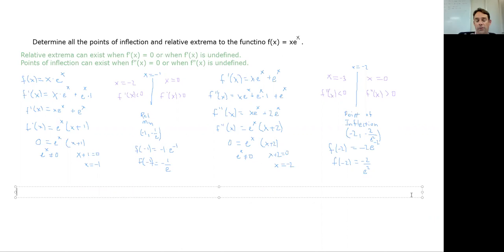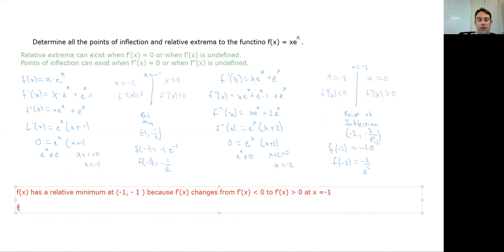F of x has a relative minimum at -1, because f prime of x changes from less than 0 to greater than 0 at x equals -1.